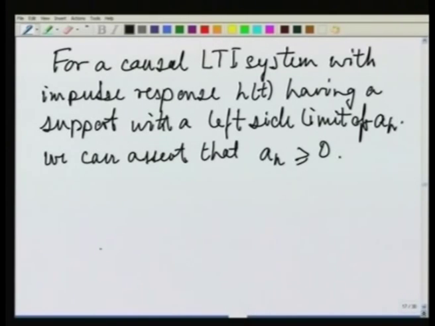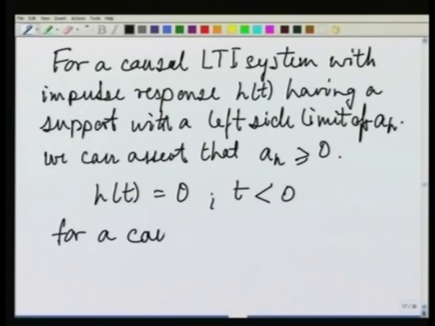Another way of saying this is to say that h(t) is equal to 0 for t less than 0, not less than or equal to 0, for t less than 0, for a causal system.